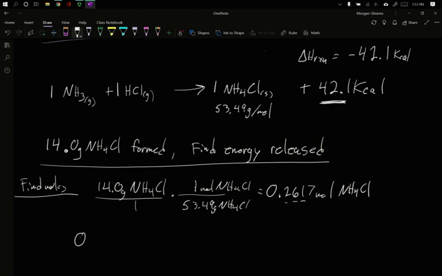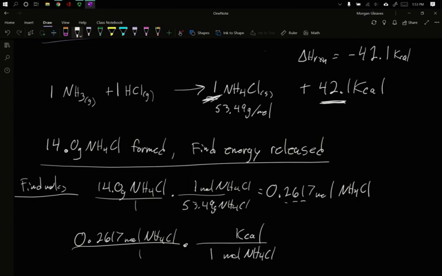And so if I have 0.2617 moles of NH4Cl, well, there is a ratio of moles of ammonium chloride to energy, in our case, kcals. For every 1 mole of ammonium chloride, so from the balanced reaction, there is 42.1 kcals.